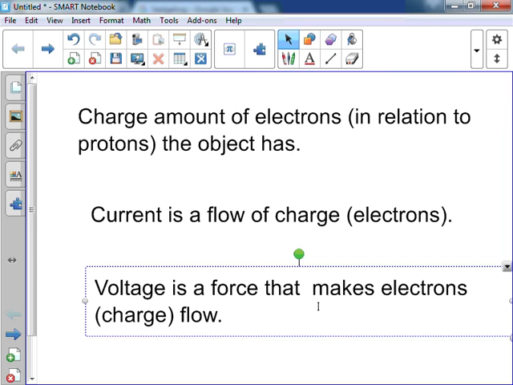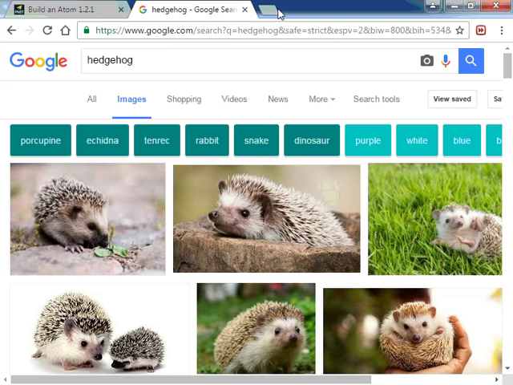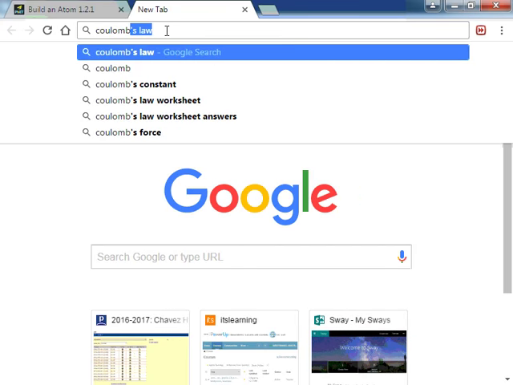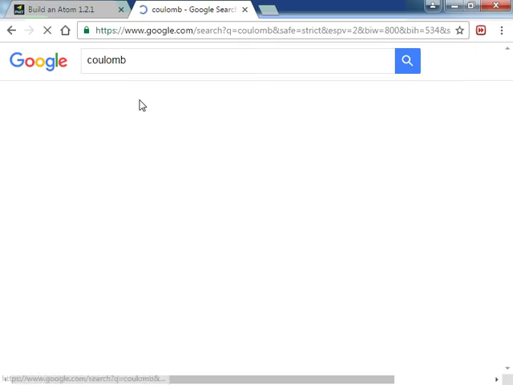So the next thing we need to talk about is what is current and what is voltage measured in. But before we do that, we actually have to figure out what is charge measured in. And the problem with that is that all of this stuff was discovered at the end of the 18th century, beginning of the 19th century, and that's when people had no idea what atomic structure is.